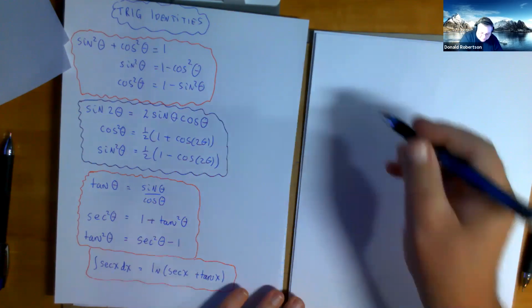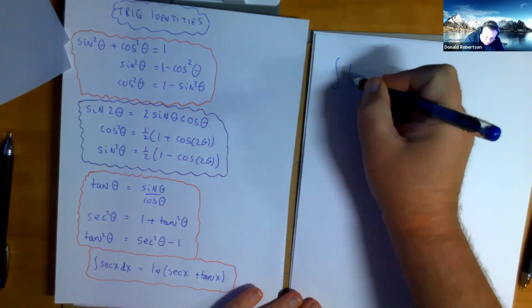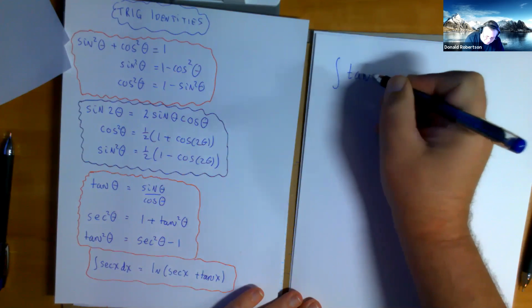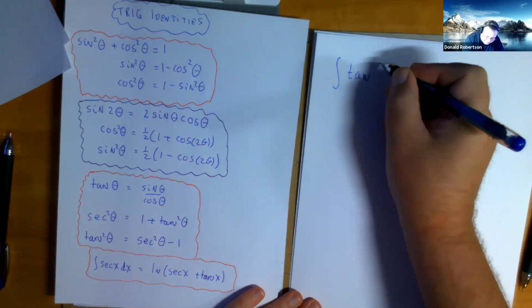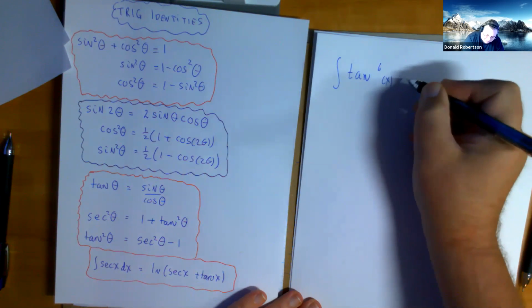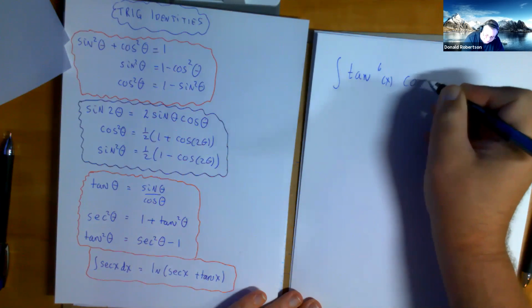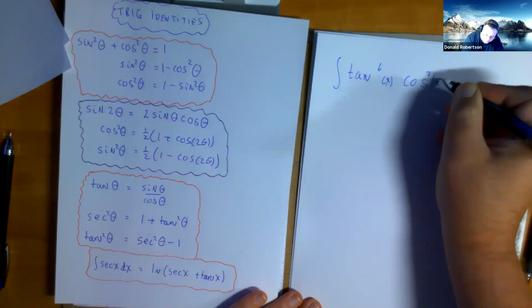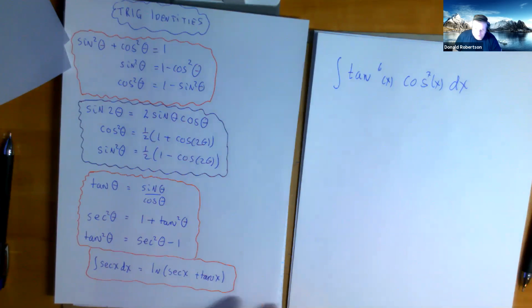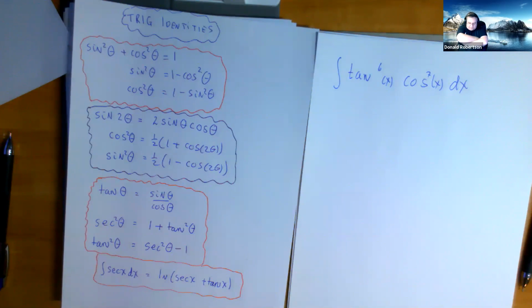Okay. Now, let's mix and match. Tans. Cosines. So we've done every kind of combination of sines and cosines, but let's do tans and cosines, or secants and cosines, right?